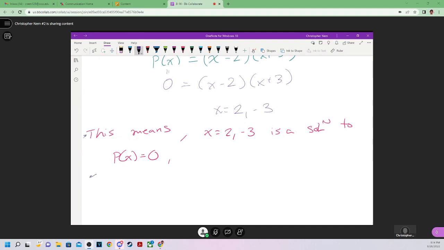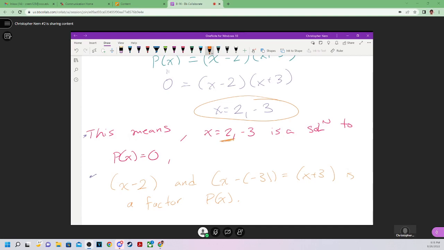It also means that the solution is x equals 2 and negative 3, but that means that x minus 2, and so I have to do x minus whatever my solution is, and x minus negative 3, which is equal to x plus 3, is a factor of P of x. That's a very powerful thing. The moment I have a solution, I know what the factors are. The moment I have a factor, I know what the solutions are. So I can go backwards as well.